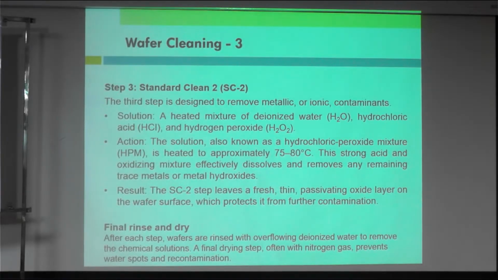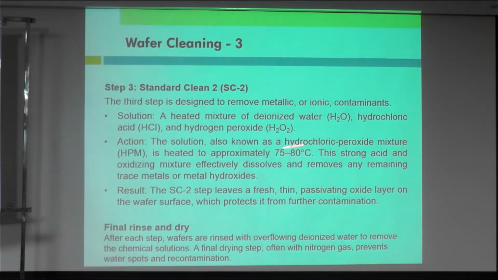And step number 3 for wafer cleaning. The third step is designed to remove metallic or ionic contaminants, with a solution, a heated mixture of deionized water, hydrochloric acid, and hydrogen peroxide. The solution, also known as hydrochloric peroxide mixture or HPM, is heated to approximately 75 to 80 degrees Celsius.